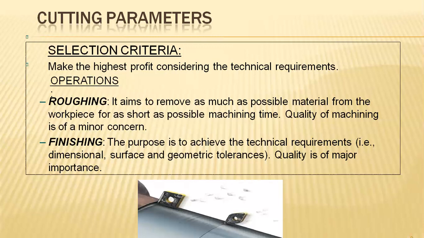In order to meet demand, it has to obey both quality and quantity, and then automatically, as per the demand, it is economically feasible. Hence, quality plays a major role, and that is lacking in the roughing operation.